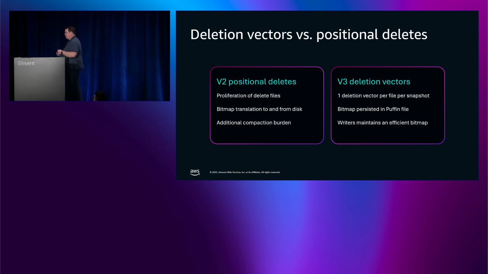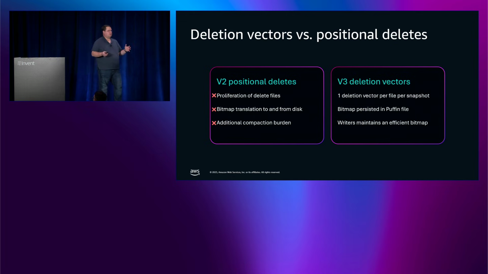So we see with a lot of customers using positional deletes on V2, they have tons of these delete files. Small transactions, small deletes, small updates, small merge statements, whatever. There's tons and tons of these delete files. Puts an additional compaction burden. You have to clean that data up, fix up your underlying data files. But that's one of the challenges that we're certainly seeing with V2 and the positional deletes.